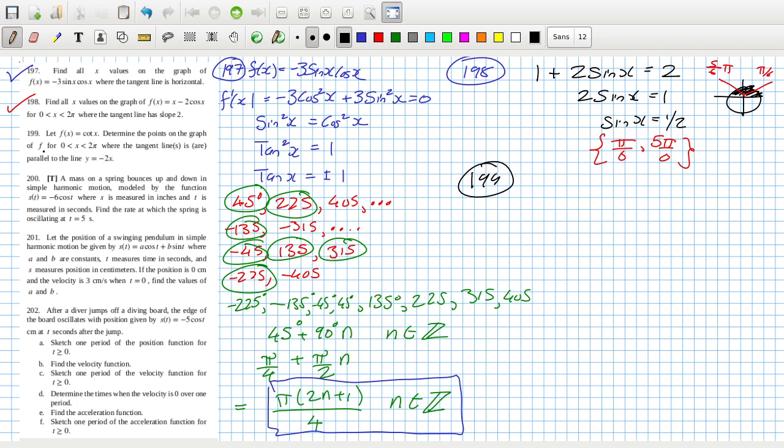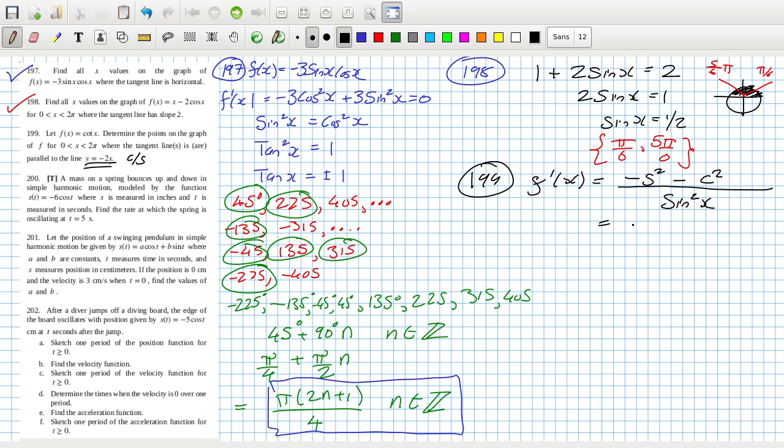Cotan x: determine the points on the graph where the tangent lines are parallel to this line. So meaning slope is -2. Okay, so the derivative of cotan, remembering cotan is cos over sine, is the bottom times the derivative of the top, which is minus sine, minus the top, which is cos, times the derivative of sine, which is cos, all over sine squared.